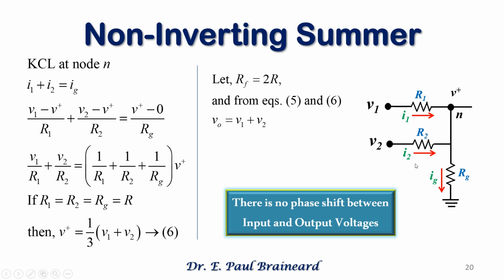I2 is V2 minus V plus divided by R2. And Ig is V plus minus ground potential, which is 0, divided by Rg. Substituting in I1 plus I2 equals Ig and solving by equating all the resistors, we get V plus is equal to 1/3 of V1 plus V2.